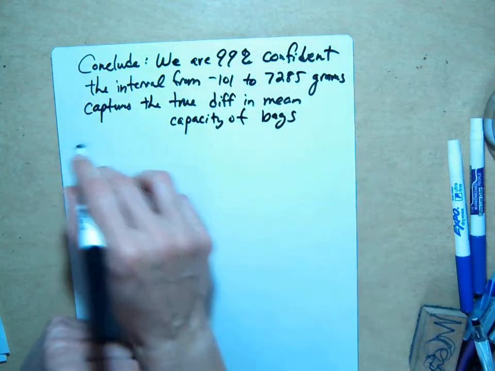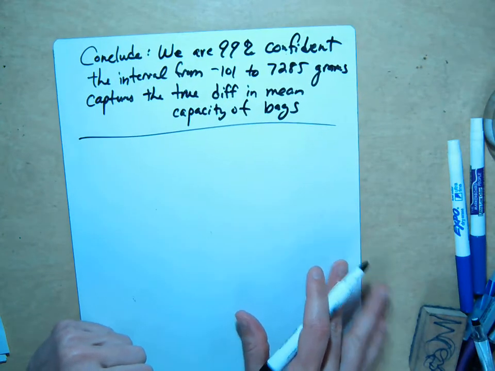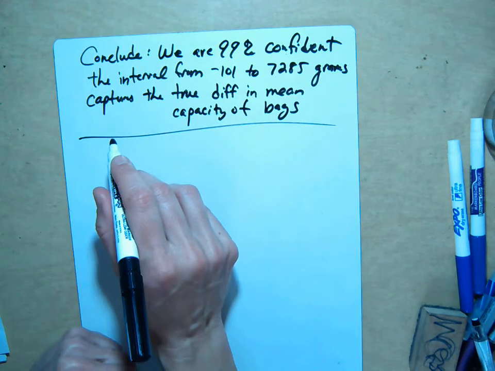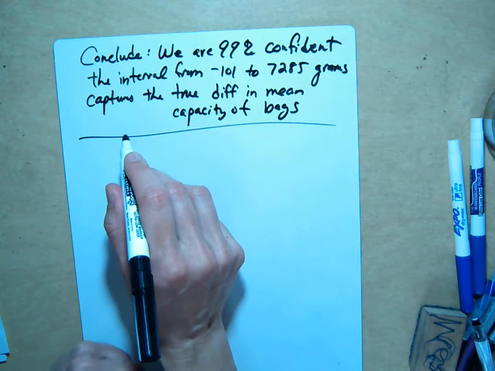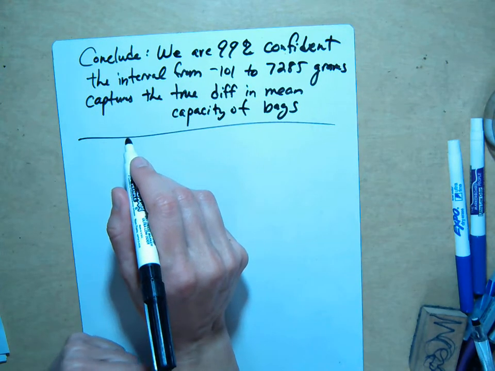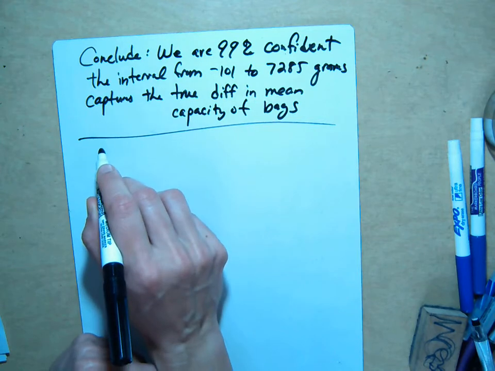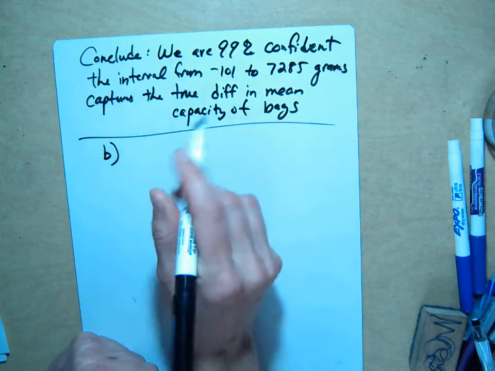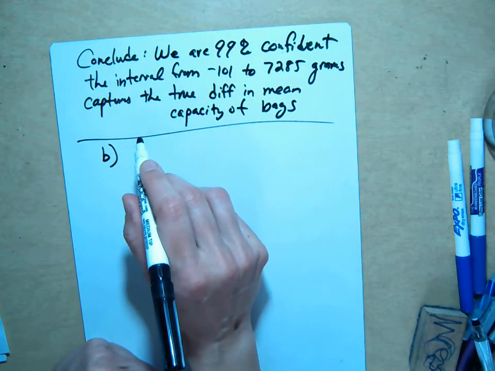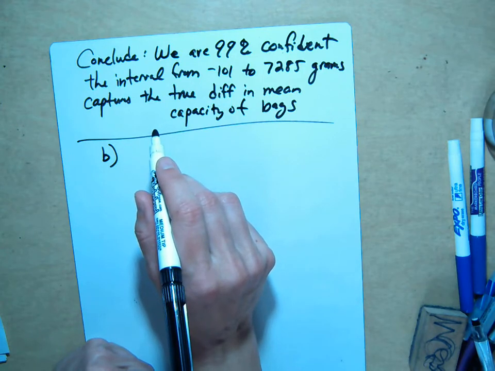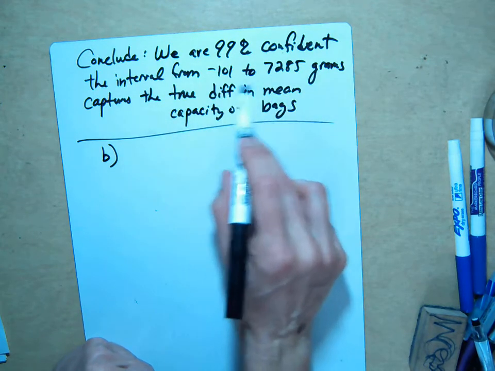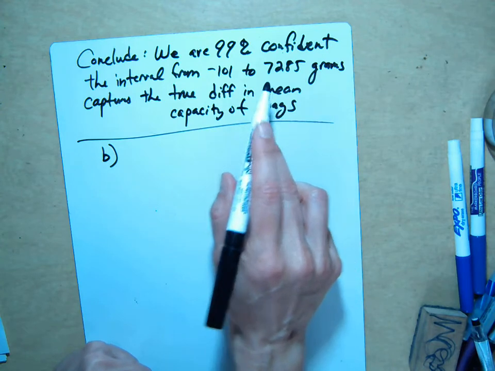And finally, for part B, it's plausible that there is no difference in the two means in the actual population. Based on our sample, we had a fairly small sample size, so it's totally possible that in the real population of bags there is no difference, because look at this interval. It includes 0.